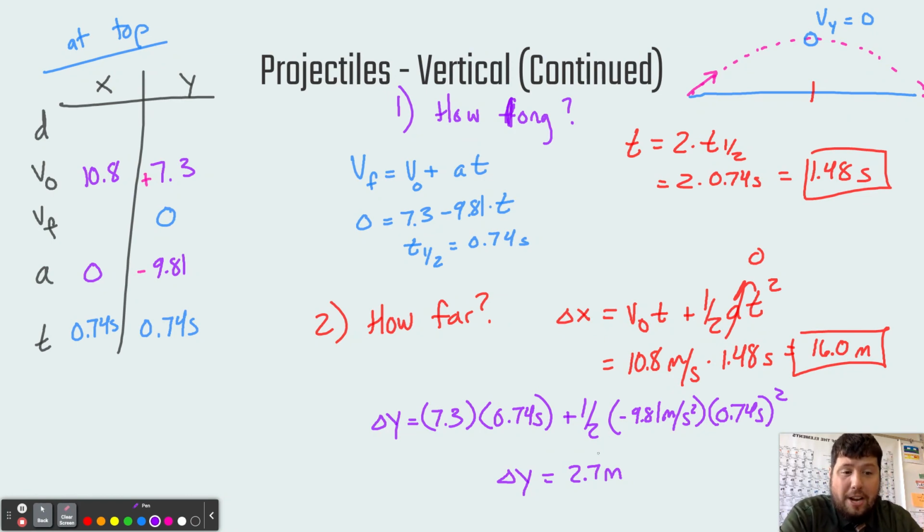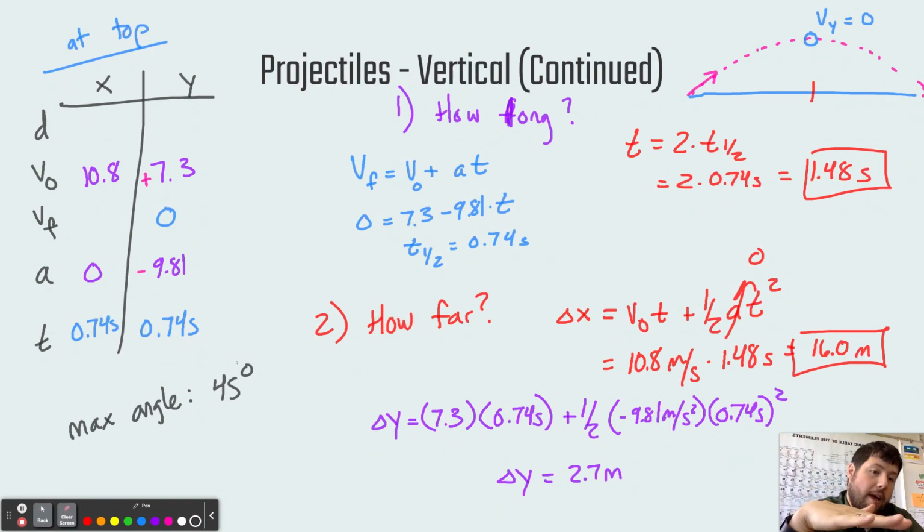But you can almost imagine that if you want to have something go the furthest you possibly could, the angle for maximum range is going to end up being 45 degrees, exactly in between vertically upward and horizontal, because that's where you have the maximum horizontal component and vertical component of your velocity. So that's what's going to give you the best range. But air resistance will change that. If you turn on air resistance and start considering that, your ball will not fly as far or as long and not reach as high.